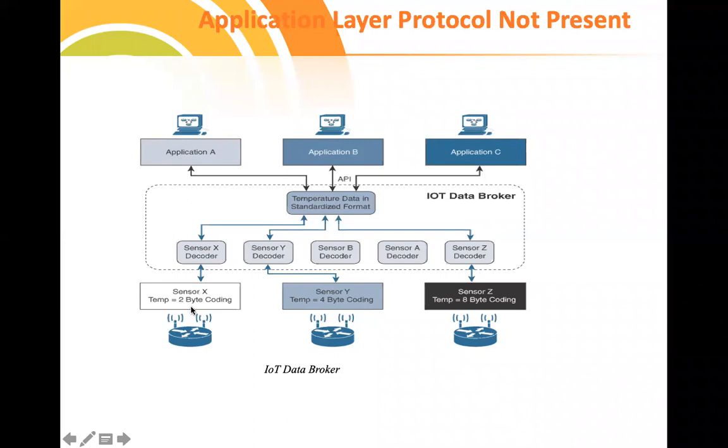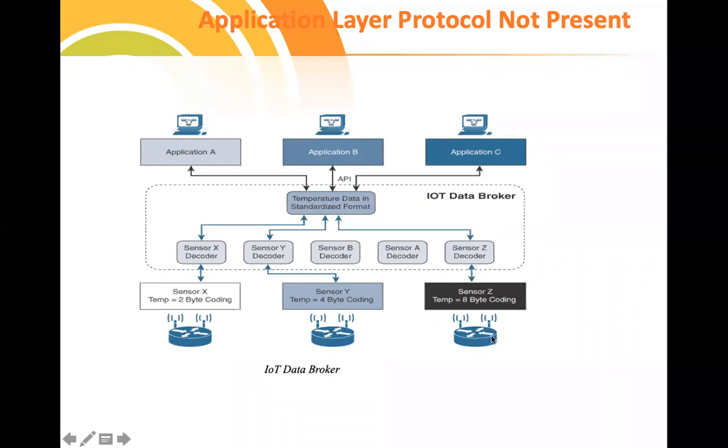On the reverse, sensor X will read the data. Based on the sensor that we use, it's either 2-byte coding, 4-byte coding, or 8-byte coding. The decoder will receive that particular data. The decoder's job is to convert it into an understandable format for the API, irrespective of the bytes. That's why the diagram shows 2 bytes on the left-hand side, then 4 bytes, and at the end 8 bytes.